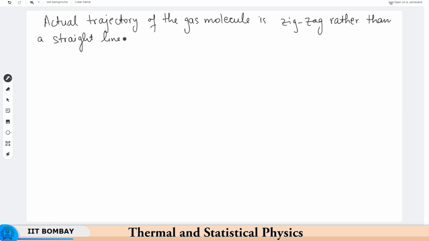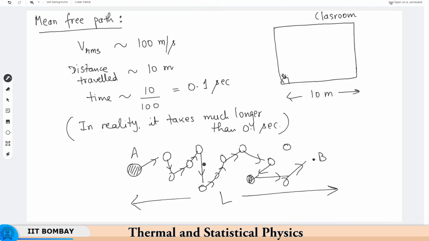So, therefore, it is travelling much greater distances than L. Basically, the underlying fact is that this molecule is undergoing various collisions while it travels in the medium.